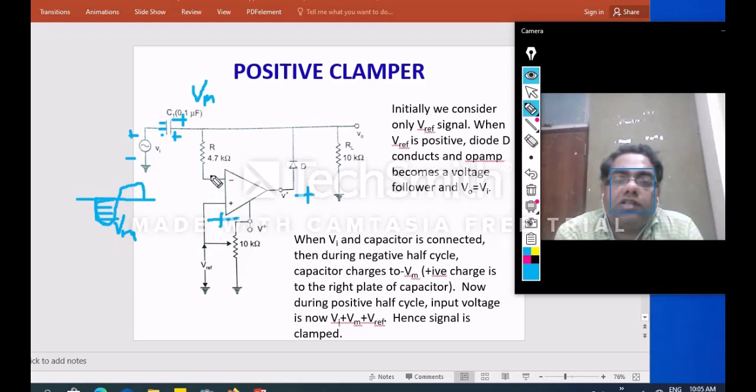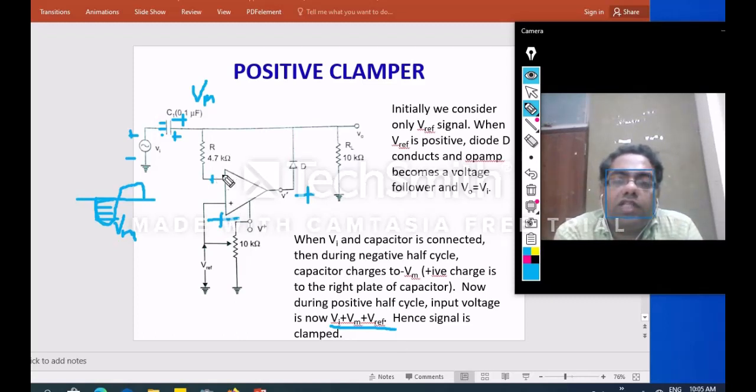So considering these two to be virtual ground, here also we will have the V reference signal. So during the positive half cycle, actually the input is Vi plus Vm plus V reference, and obviously it is more than V reference.